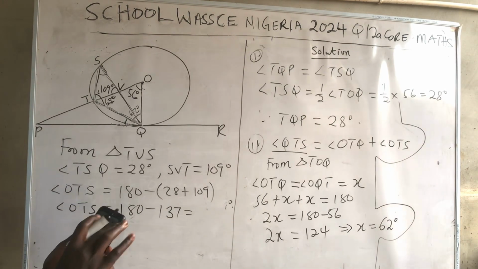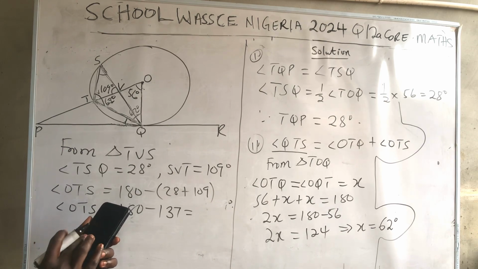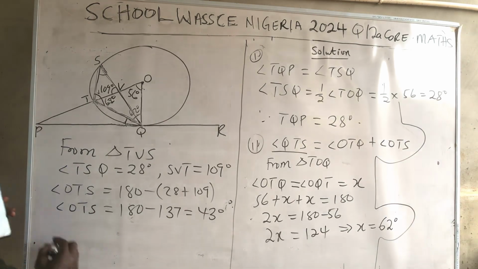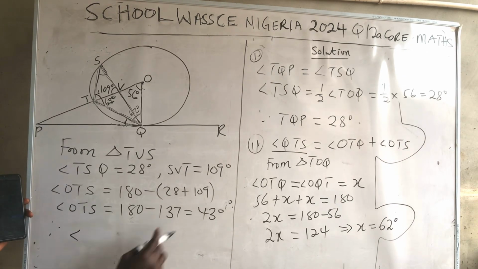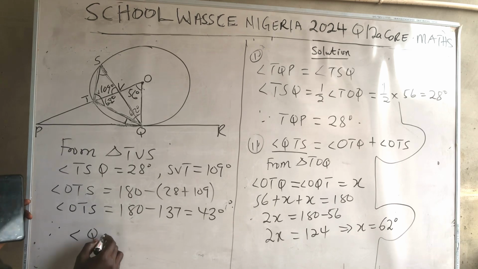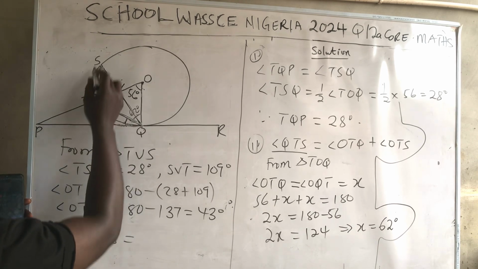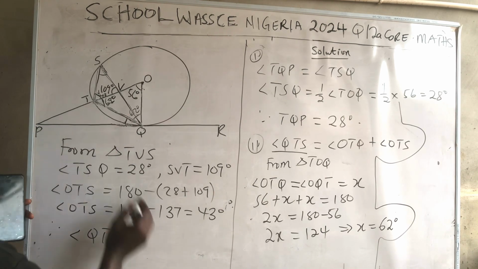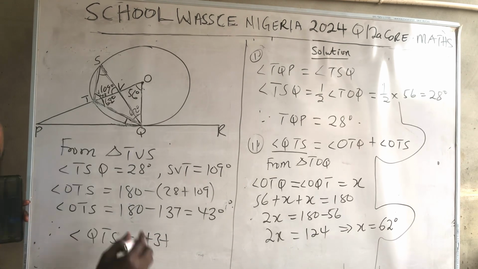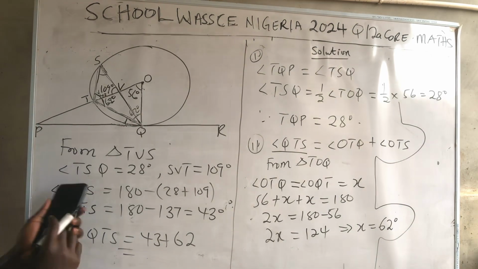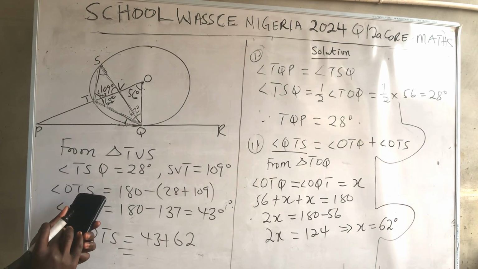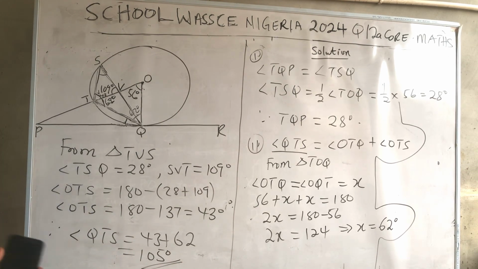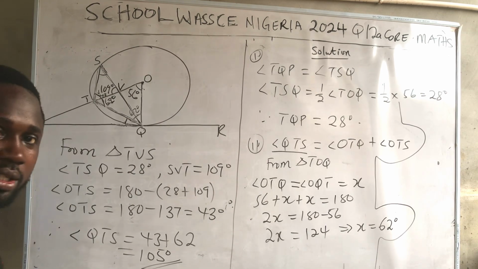So 180 minus 137 will give us 43 degrees. Therefore, angle QTS is equal to 43 plus 62, and 43 plus 62 will give us 105. So our angle QTS is 105 degrees.